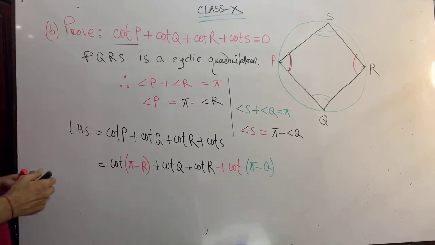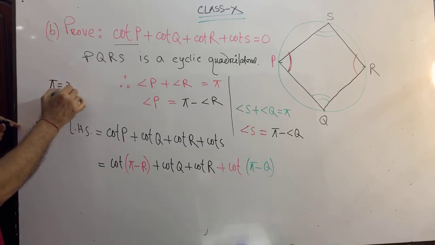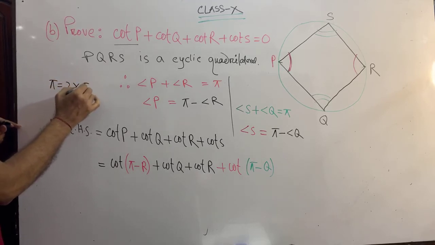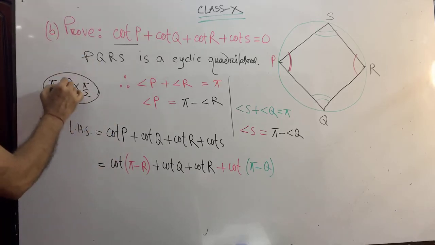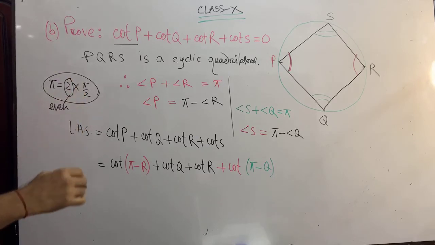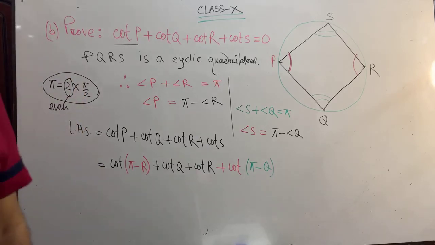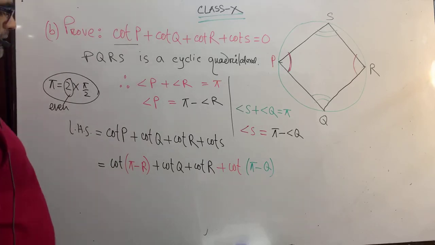Pi means 2 into pi by 2, right? This 2 is an even number. So there will be no change of co-function, the pattern of co-function will not be applied here as it is an even number.